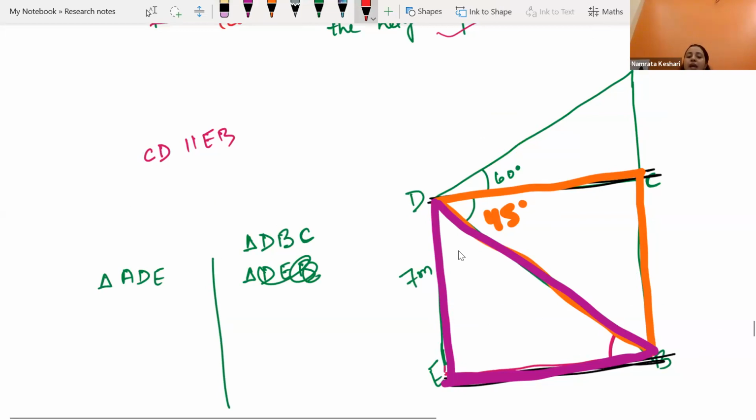In triangle ADE, what do we know? We are supposed to find the height of the tower. 60 degrees is given over here. We will be using DE because these two triangles have something common, and side DE is common in these two triangles, right?